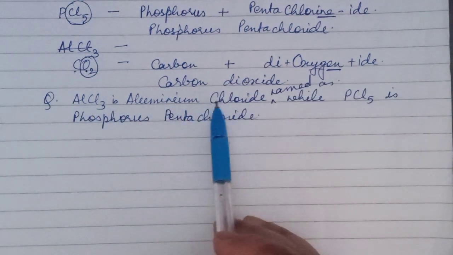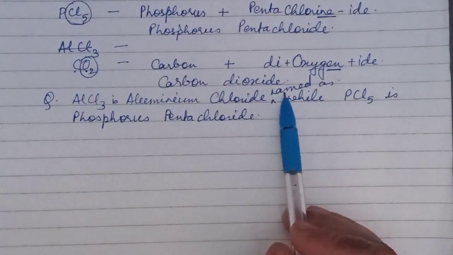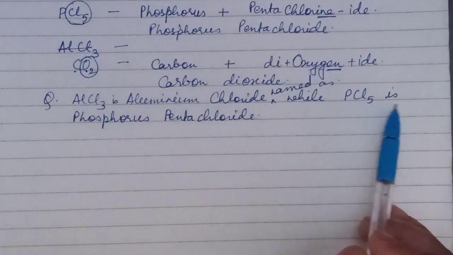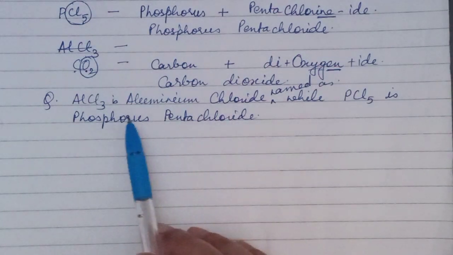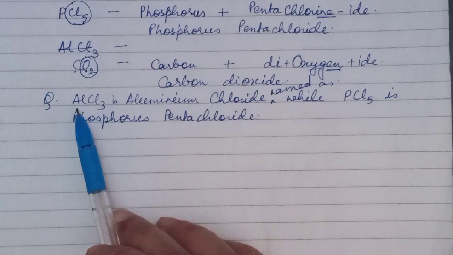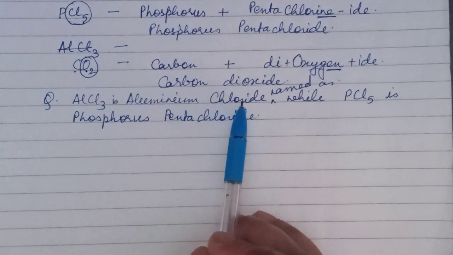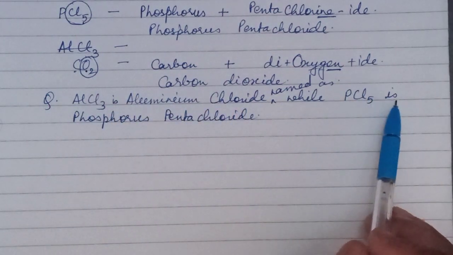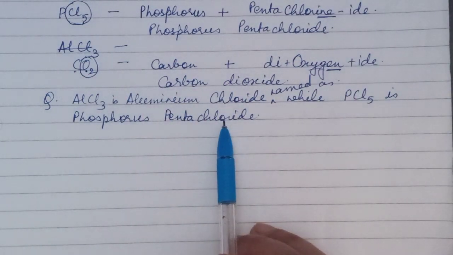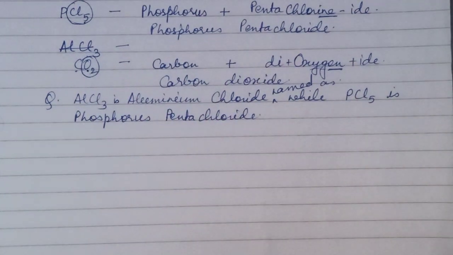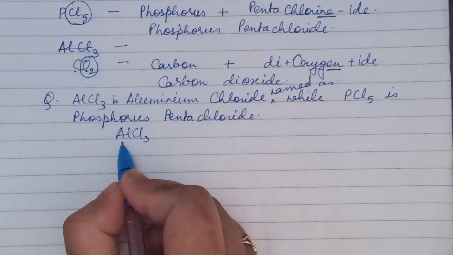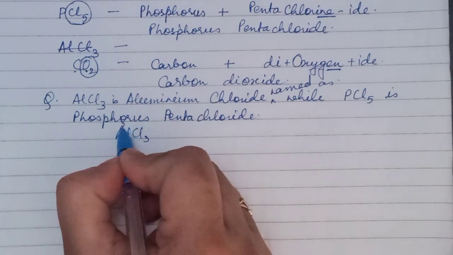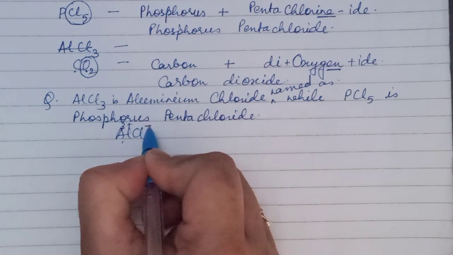See here, AlCl3 is named aluminium chloride, while PCl5 is named phosphorus pentachloride. Why? Here is the difference. In aluminium chloride, aluminium is a metal and chlorine is a non-metal.